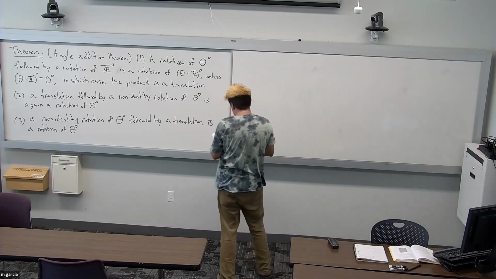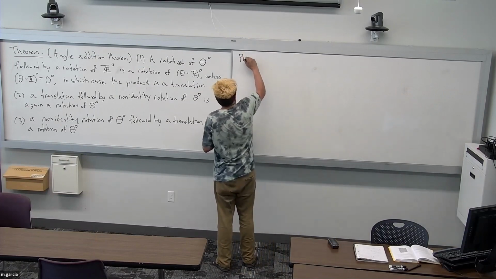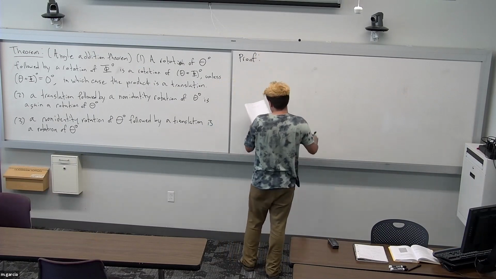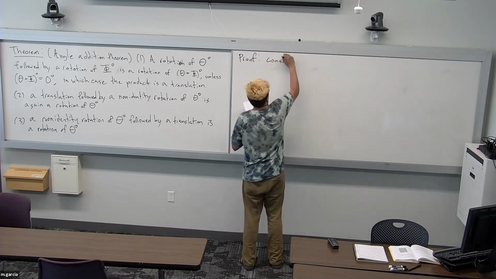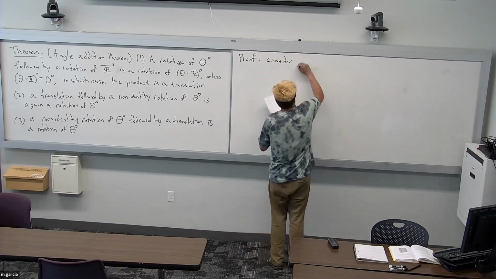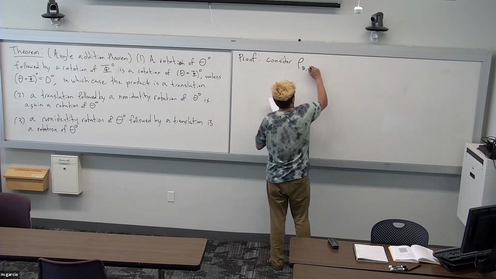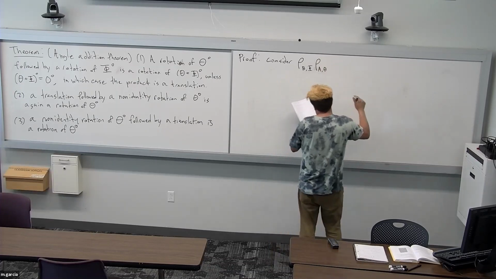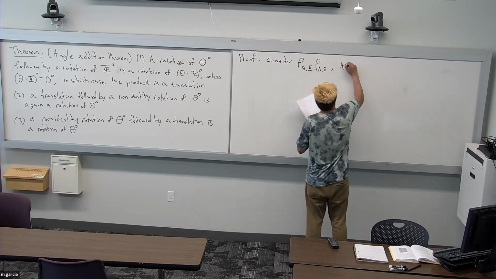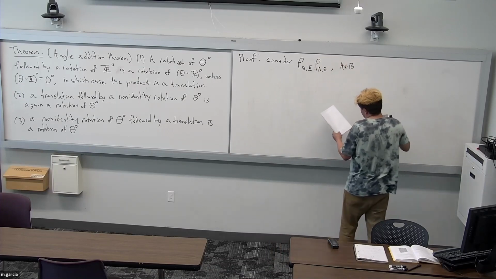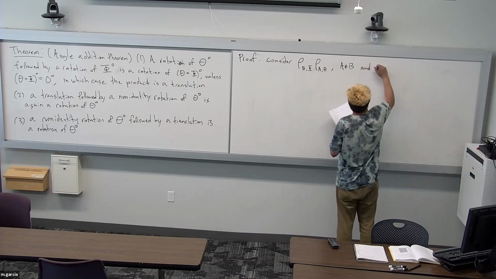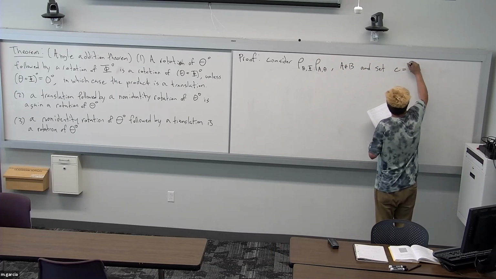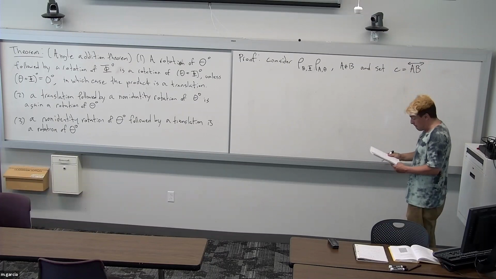Okay, so let's start with one. Let's consider the product rho sub b comma phi times rho sub a comma theta, with a not equal to b. And let's set the line C to be the line through the centers of our rotation.